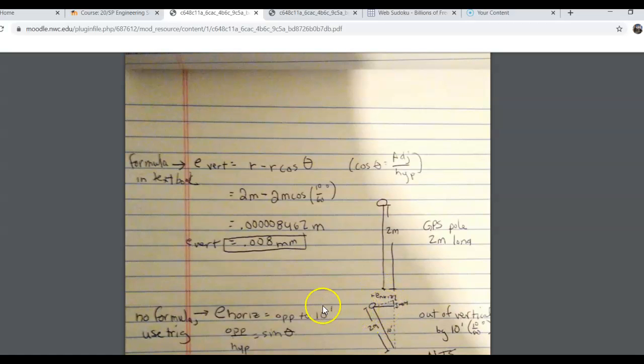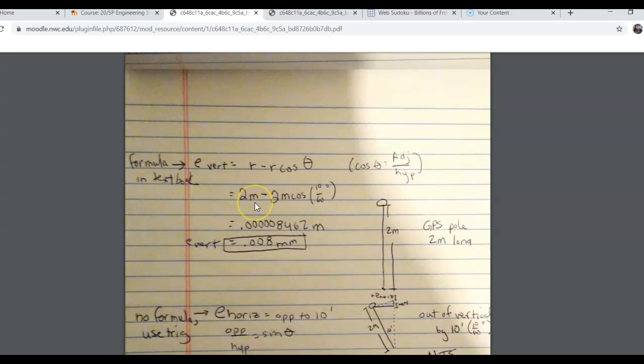So in this particular case, we have a formula in the textbook which tells you that it's r, which is the height of the pole, minus r times the cosine of theta. Now if you think about what cosine of theta is, cosine is adjacent over hypotenuse. So this distance is r cosine theta, and this distance is r. So the vertical distance, which is just this wee little chunk right here, is the difference between those two.